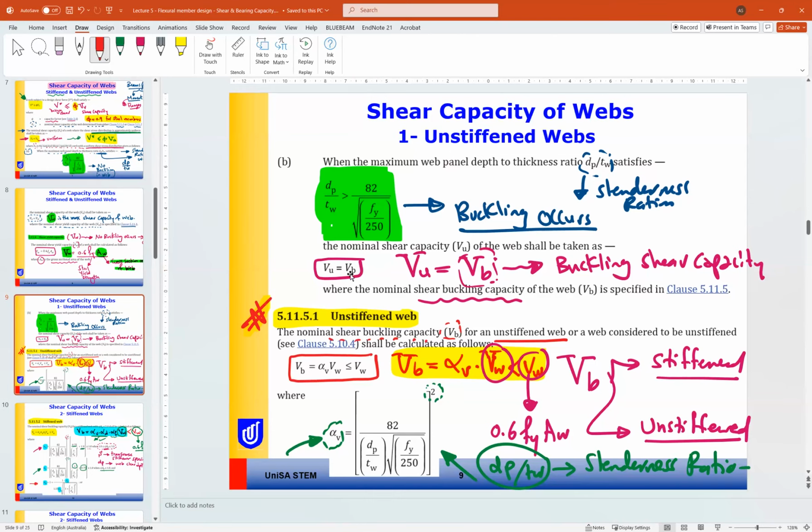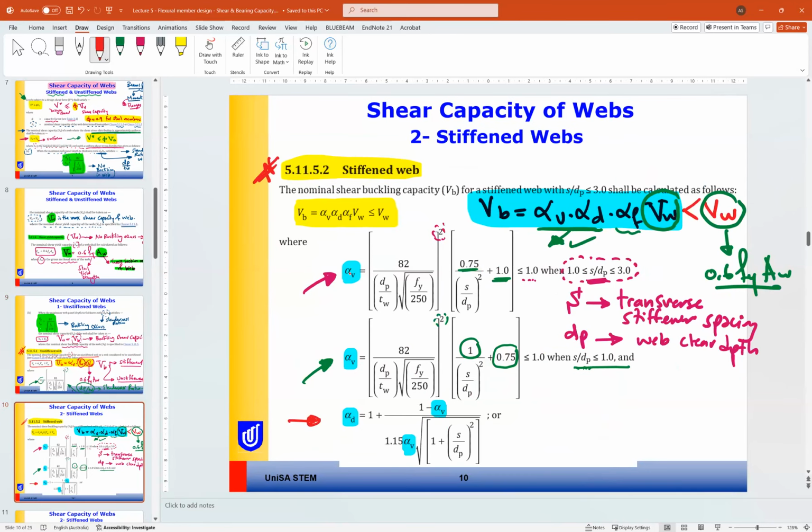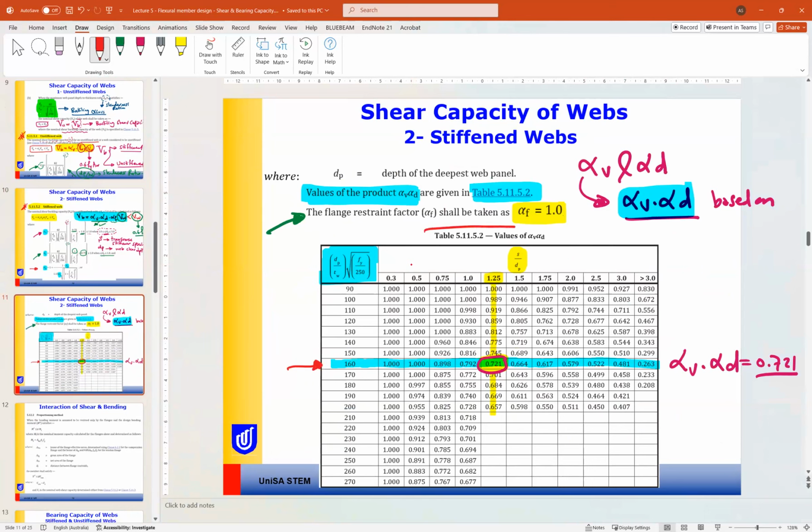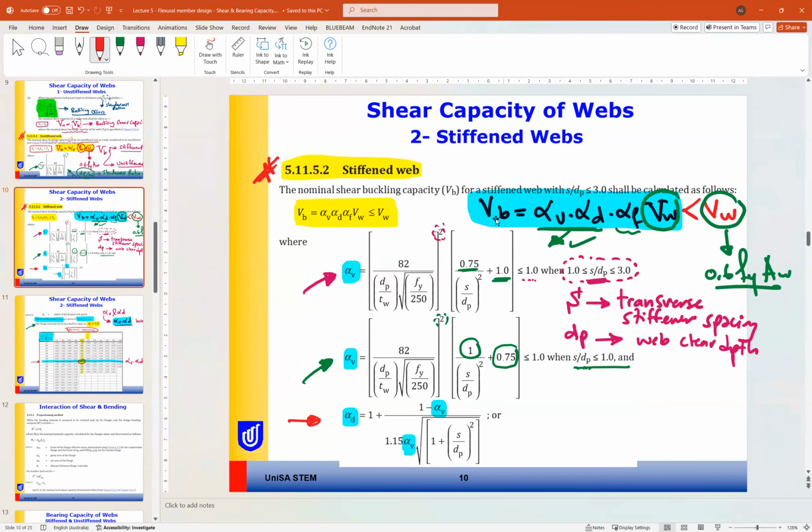And for stiffened webs, a different set, where Vb equals alpha V alpha D alpha F Vw. Alpha V times alpha D come from Table 5.11.5.2, and alpha F equals 1, so you can find Vb. Okay, so this is a summary of what we have done for shear.